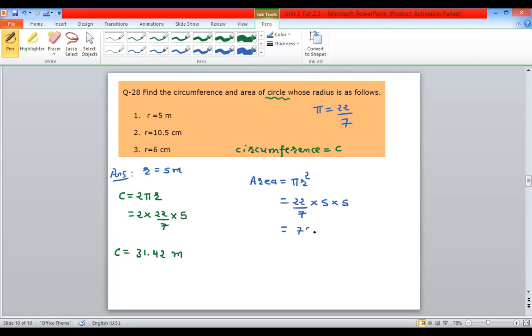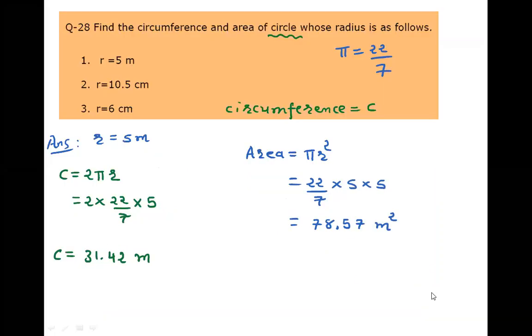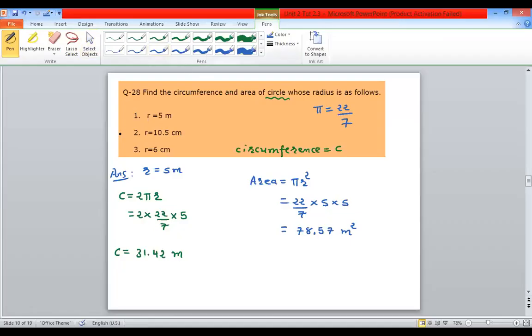It is 78.57 meter into meter, it's meter square. So student, this is the answer. Okay. Tell me the second number question only. We don't need to calculate more. You just try your second question and tell me the answer.